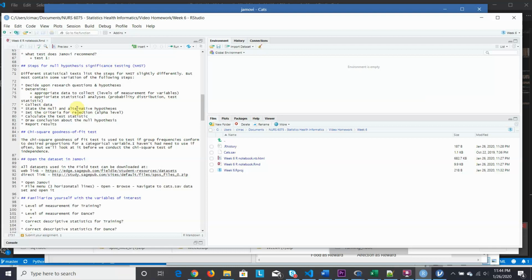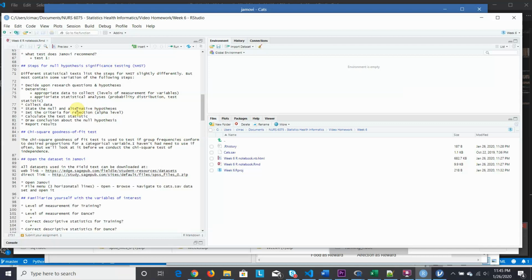The null is always going to be some form of there is no difference or there is no relationship. And in the case of a chi-square test of association, we could get a little more specific and say there's no difference between observed and expected frequencies. The alternative would be that there is a difference.